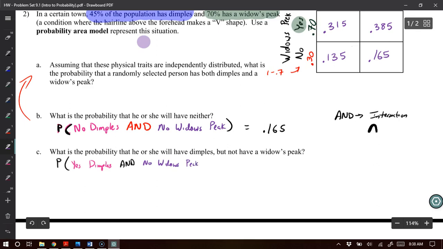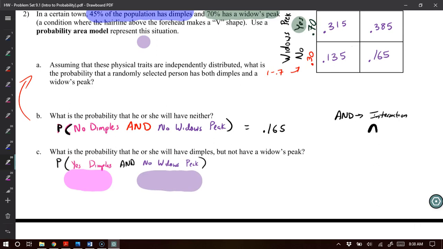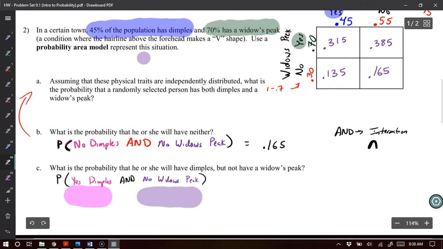That allows us to see where we should highlight. I should highlight the yes dimples column, and I should highlight the no widow's peak row, and I should look for the intersection of them. That can help you with part C and part A for these problems.